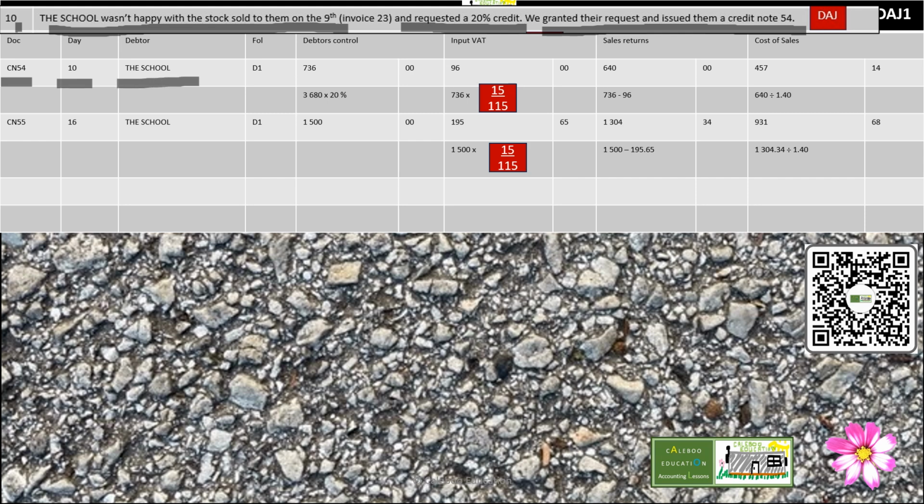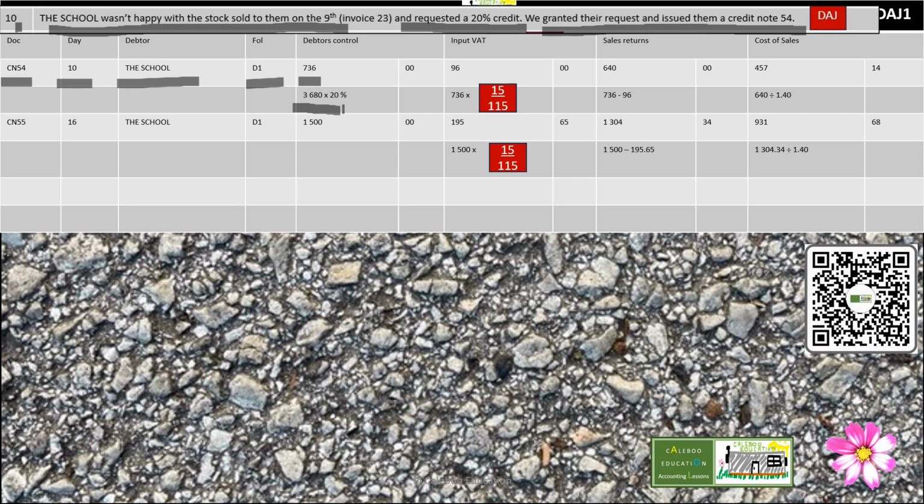Who's the debtor? It's the school. I've checked the folio reference in the debtors ledger. The school's account folio is D1. And now we need to get the amount. I checked the original sale. The amount was 3680.